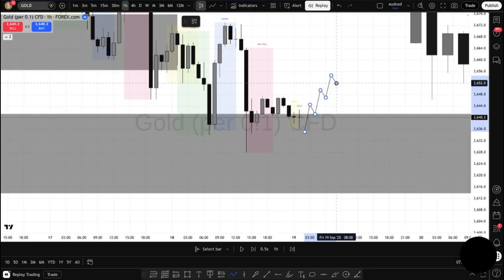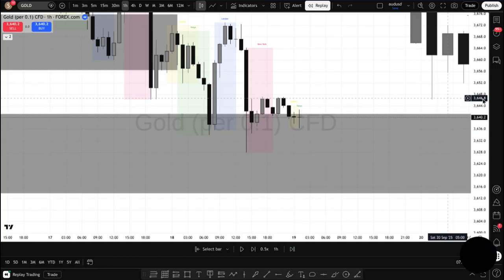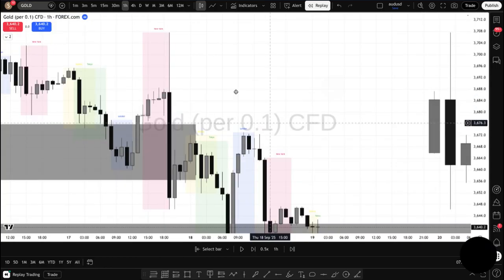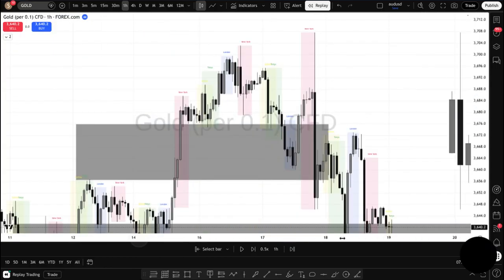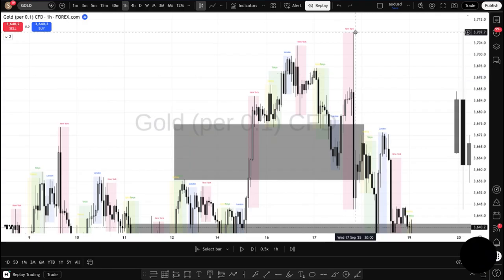The impulse moves must be valid order flow legs, meaning that they must have a fair value gap. So we want to see price create a valid order flow leg out of this higher time frame point of interest that we will now take our entry from, targeting this daily high, right?